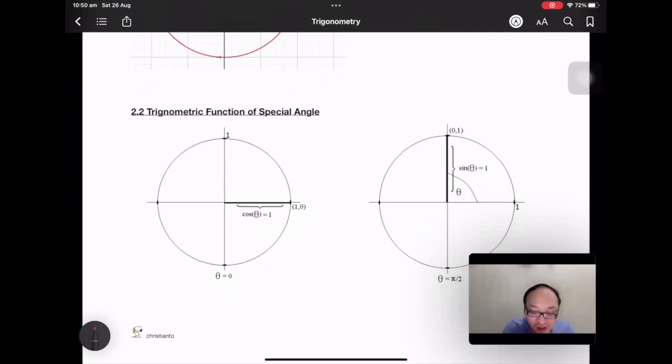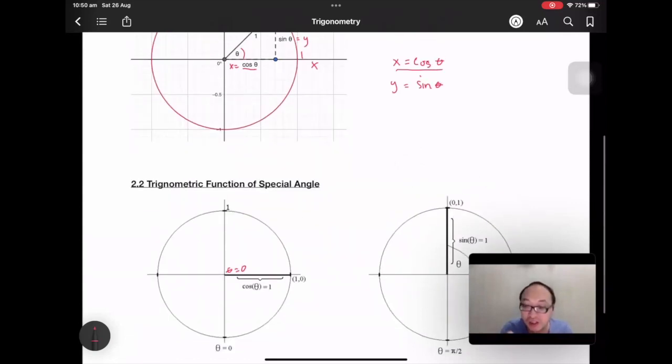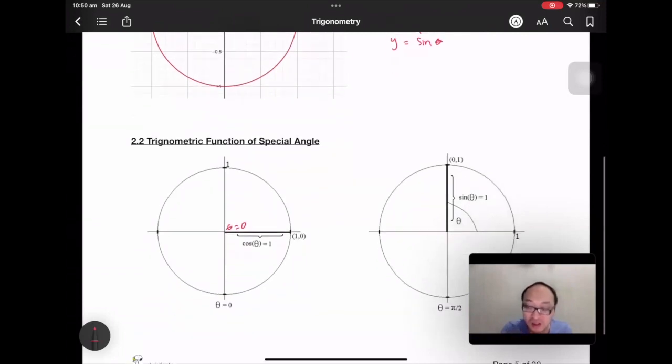Now what if theta is 0 here? Theta 0 lies on the x-axis, so we see from the cos. So x equals 1. That means cos of angle 0, cos theta, equals 1.